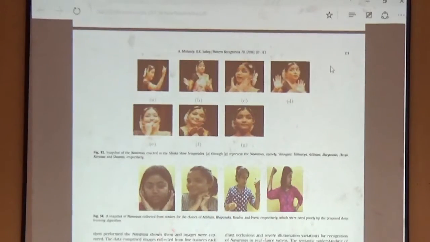How to characterize an emotion. This is the shloka. Using keyframes in this shloka, you can understand what are the emotions being performed by the dancer. And this is actually this shloka.